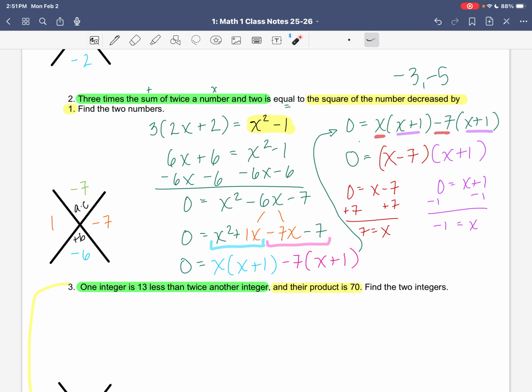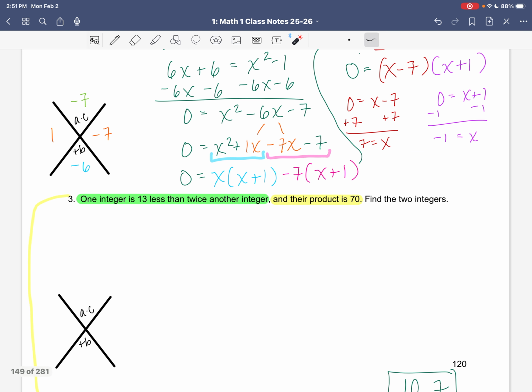So your answer should be 7 equals x and -1 equals x. Now in this case, we can have a negative number because we're not dealing with lengths or ages or anything like that. So it is okay to have both of these as your answer.